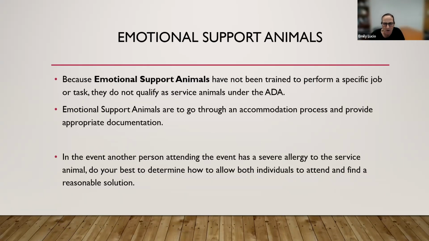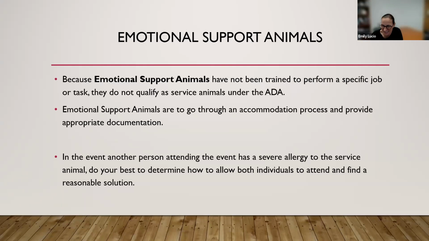Versus emotional support animals, that's a bit different. Emotional support animals have not been trained to perform a specific job or task. And so essentially they do not qualify as a service animal under the ADA. They have to go through an accommodation process and provide appropriate documentation. Obviously not the animal, the individual.